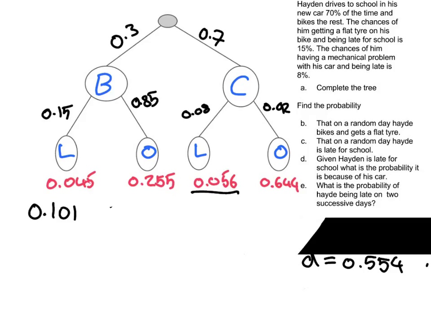Assuming that the probabilities all stay the same, we've already worked out what the probability of him being late on any given day is. It's that. So that's the probability to be late for the first day. So now we want to know the probability that he'll be late on that day and the day after. So essentially we're squaring that because we're timesing it by those 2 days.